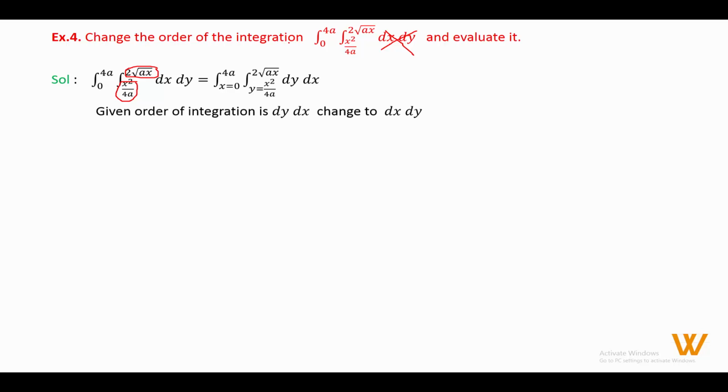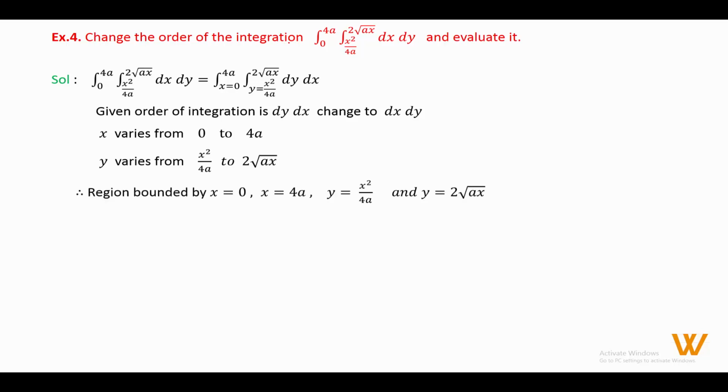Now draw the diagram of the given order and find new limits. The given limits are x varies from 0 to 4a and y varies from x square by 4a to 2 root ax. Therefore the region is bounded by x equal to 0, x equal to 4a, y equal to x square by 4a and y equal to 2 root ax.